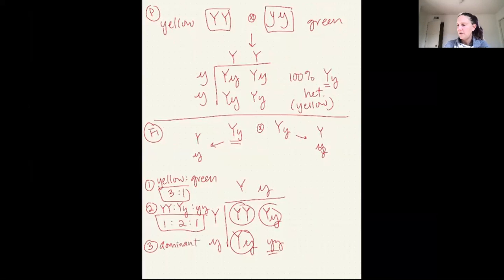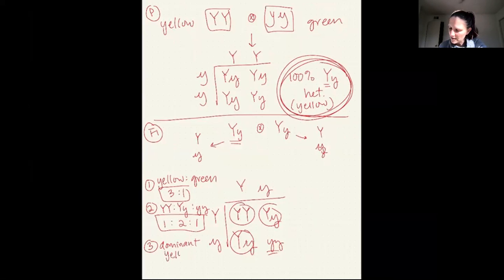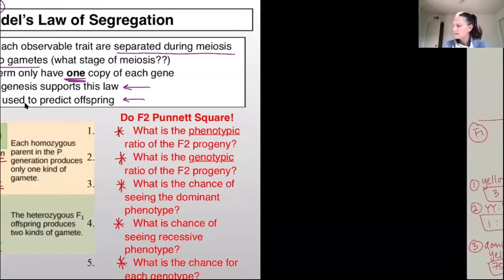The dominant phenotype is what you see after you cross those true breedings, right? It's the one that is dominant. So in this case, that is going to be yellow. And what is the chance of getting yellow here? It is a 75% chance of getting yellow when you do that F1 cross.